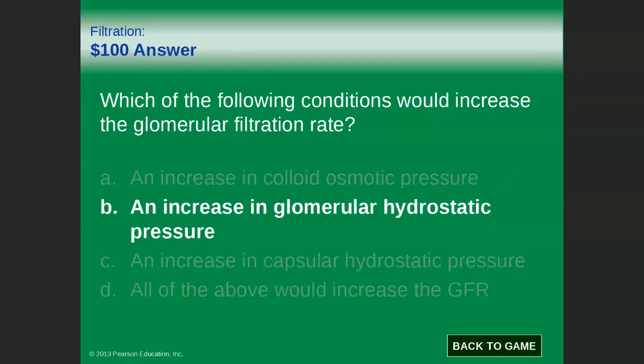Colloid osmotic pressure, remember, that moves in the opposite direction, okay? Remember, when you're looking at your blood capillary, your GHP goes in that direction. Here's your capsule, and then it forms your tubule.